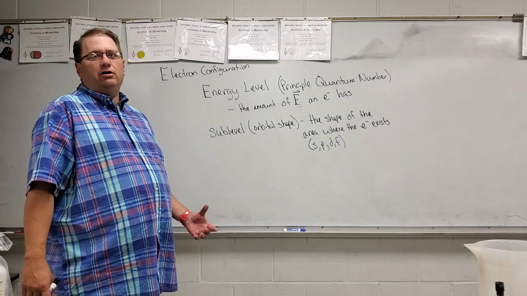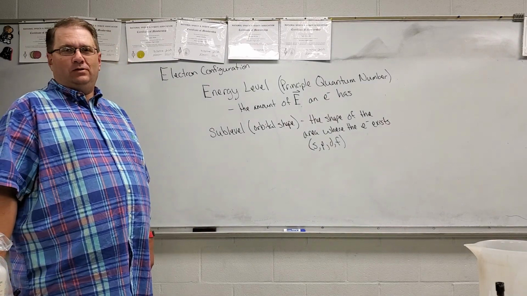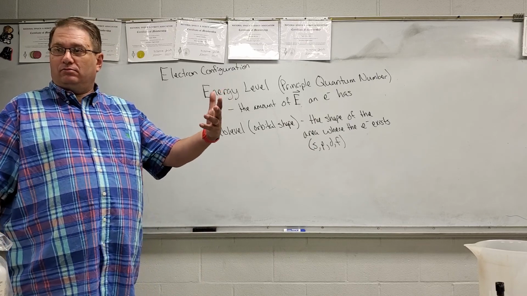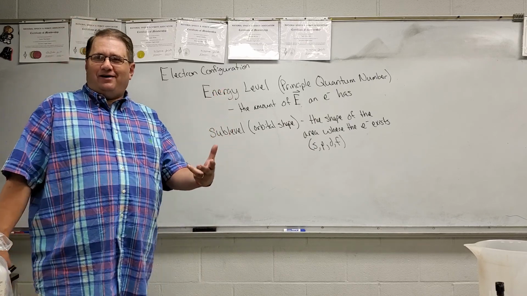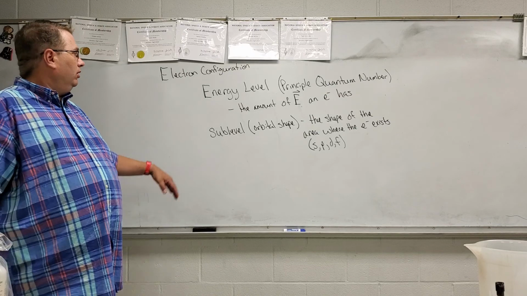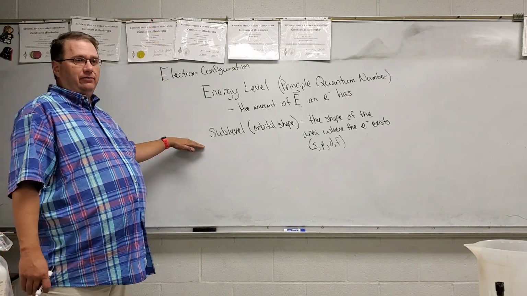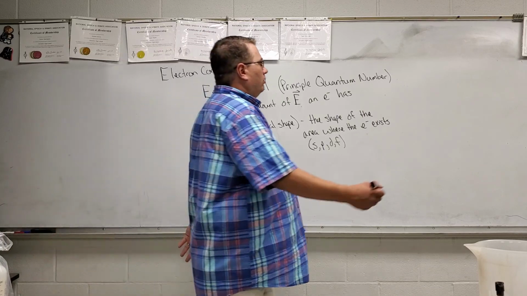Does anybody know what a hierarchy is? Something that's in levels. Okay, so energy level is the top. It's the broadest category. Then you have sublevels. Then you have the next thing, called an orbital.